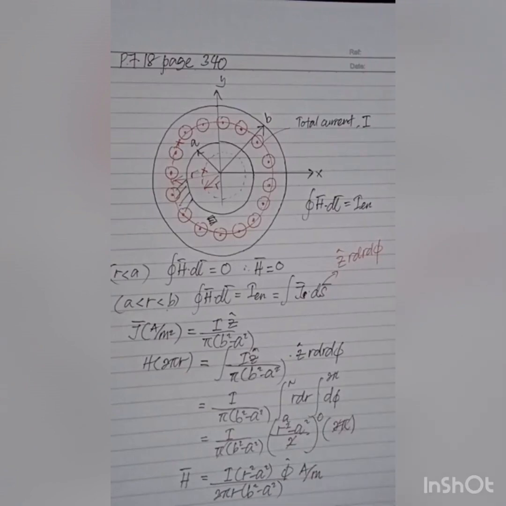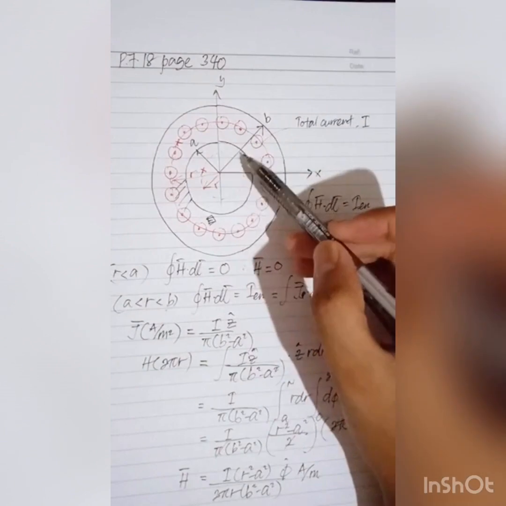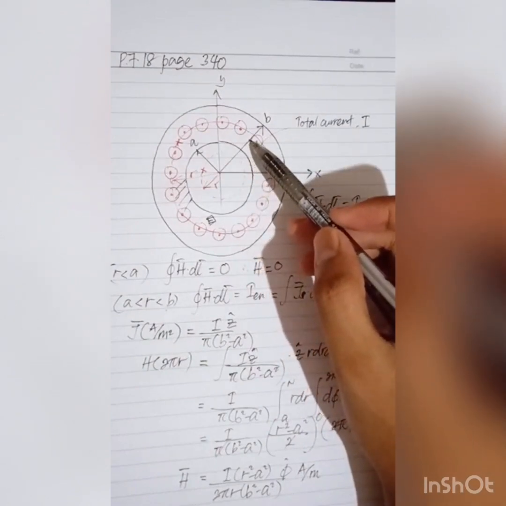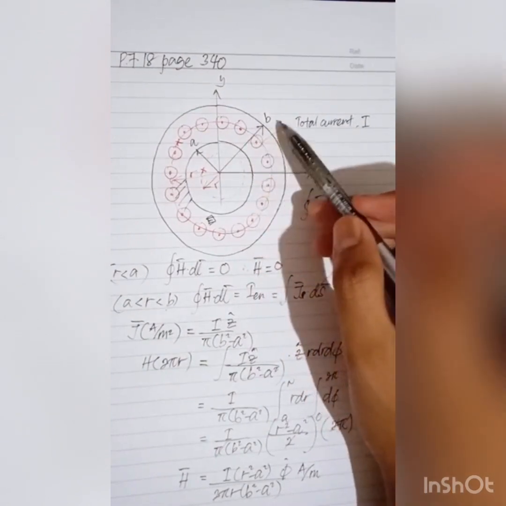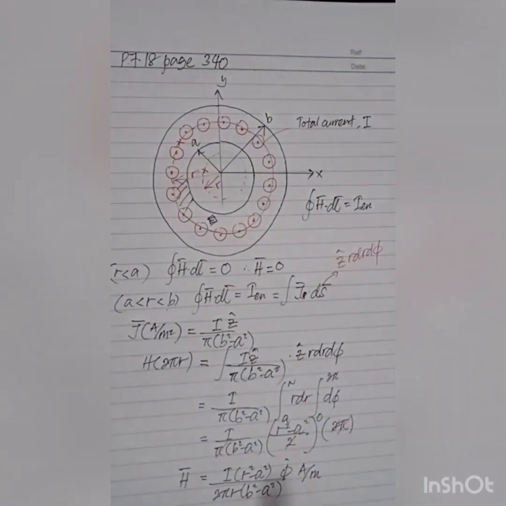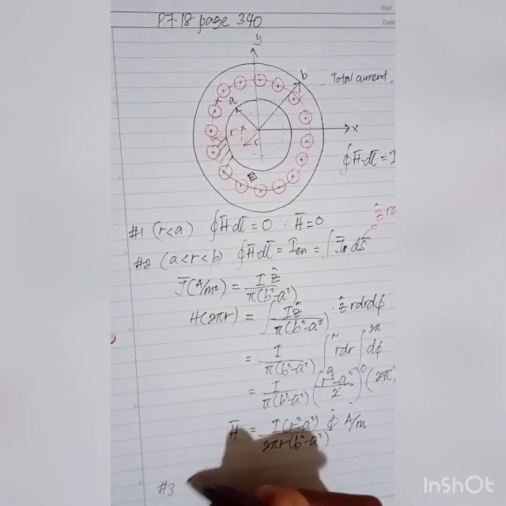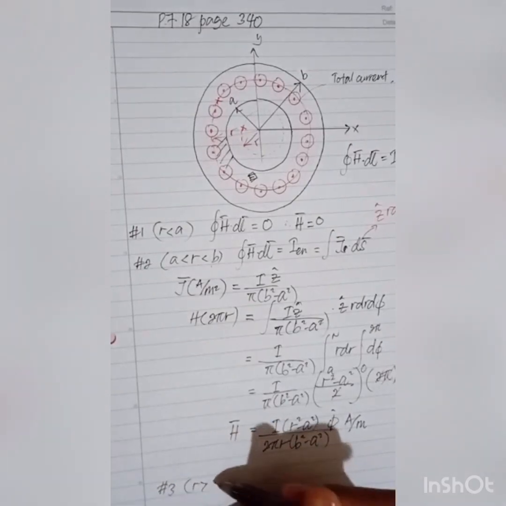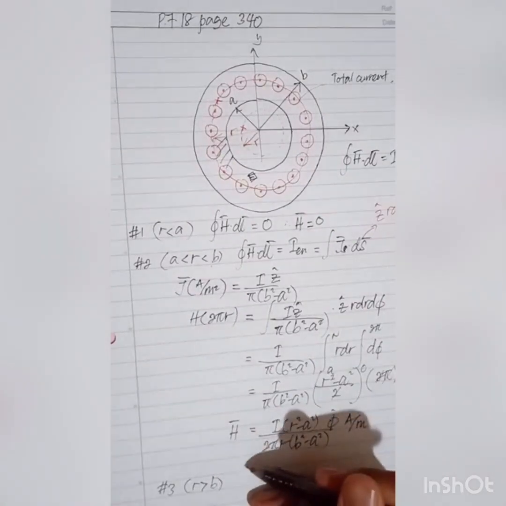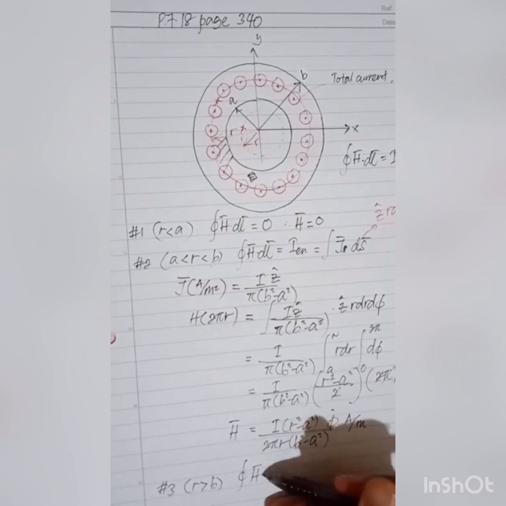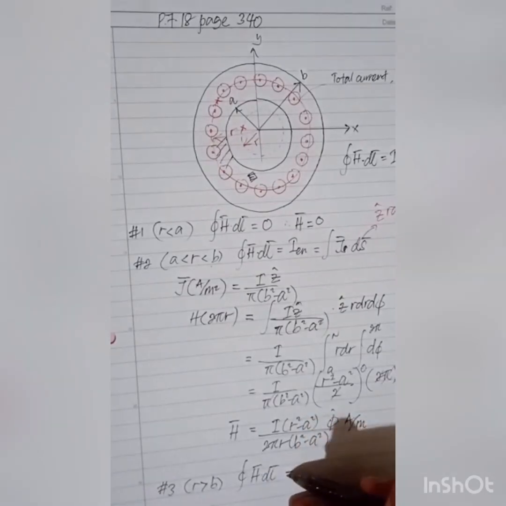So if you want to find the H at any particular point, let's say at r equal to 3, where 3 is within a and b, just put r become 3 and the rest of the values. Okay, now proceed to the last region. The third region here refers to the region where r is more than b. Again, using the same integral formula, Ampere's law, H dot dl equals the I enclosed.